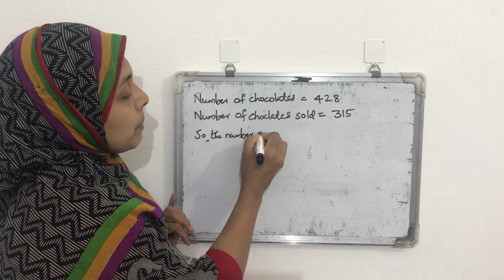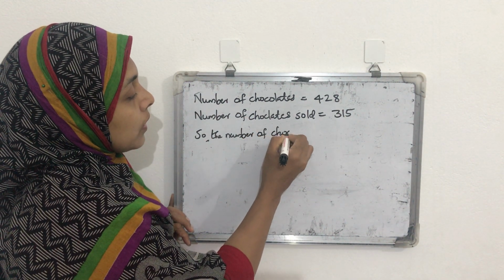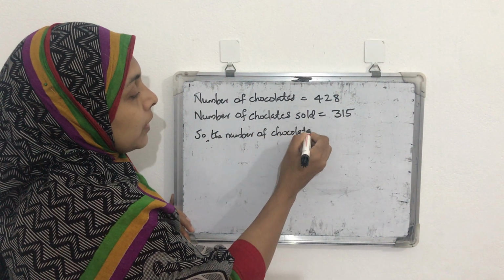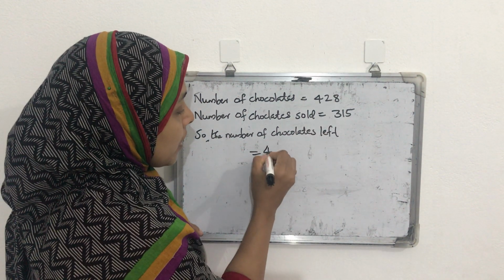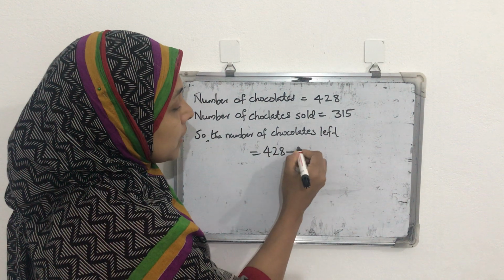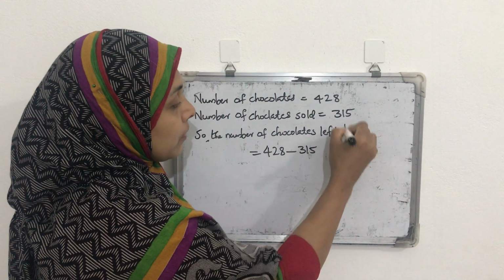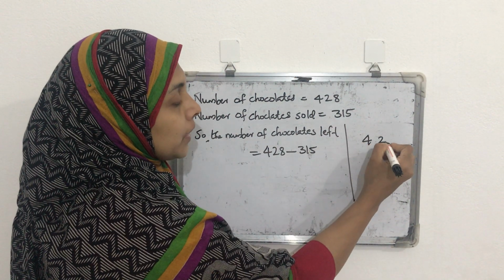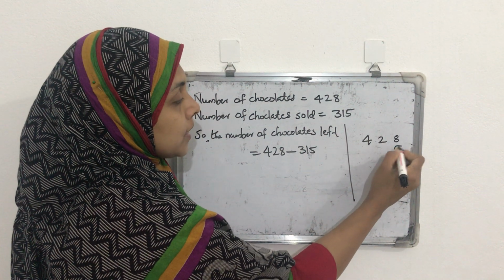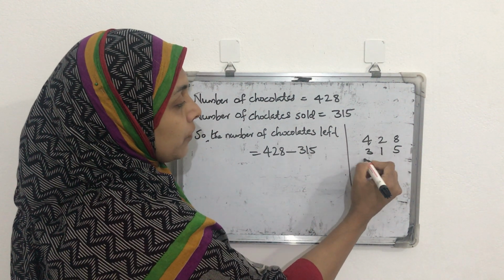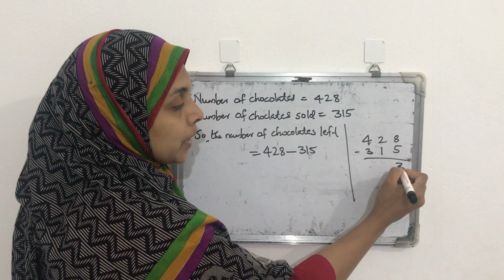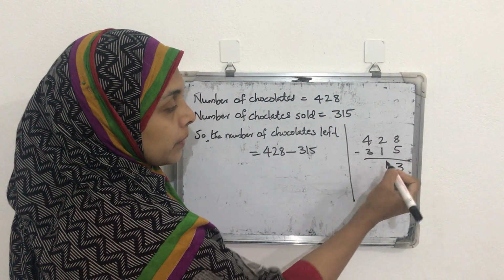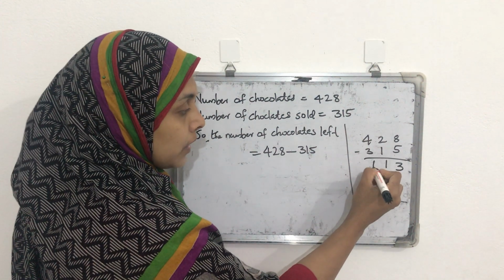So the number of chocolates left equals 428 minus 315. Okay, so we are subtracting 428 minus 315. 8 minus 5, in the ones place we are subtracting, 3. 2 minus 1, 1. 4 minus 3, 1.